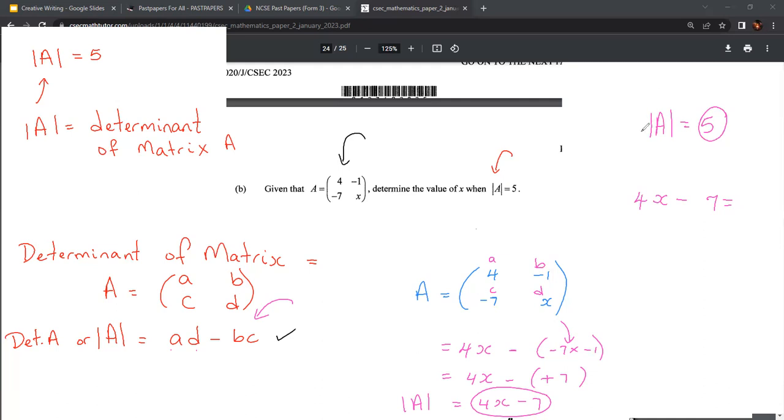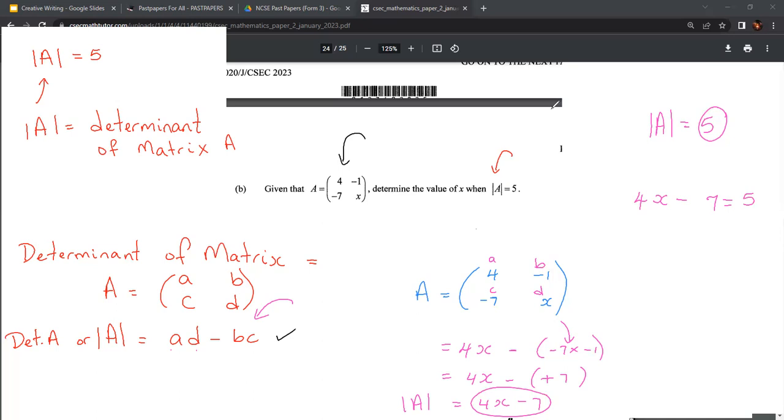This is known as modulus in another topic in mathematics, right? But in matrices, we know it as the determinant. So they said that the determinant is equal to this, and the determinant is equal to this. So that means this is equal to 5.